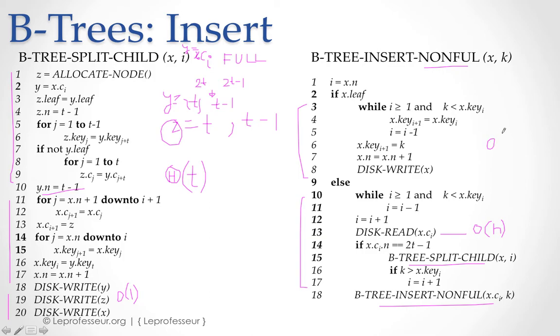Again, it's simple: order of t, which is the minimum order of the tree, and the height h. We can also write it as t log base t of n.